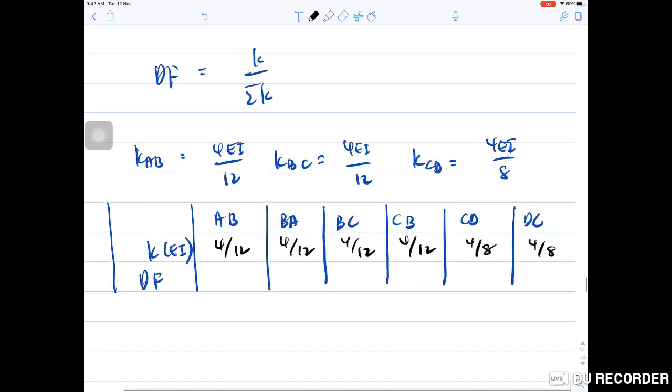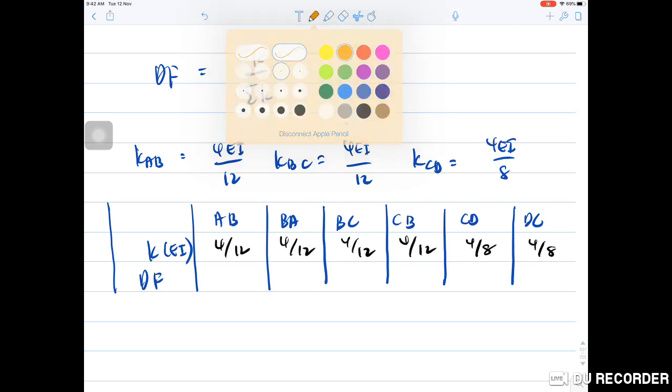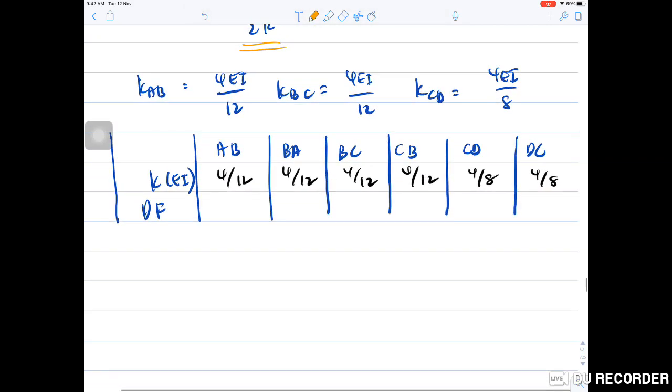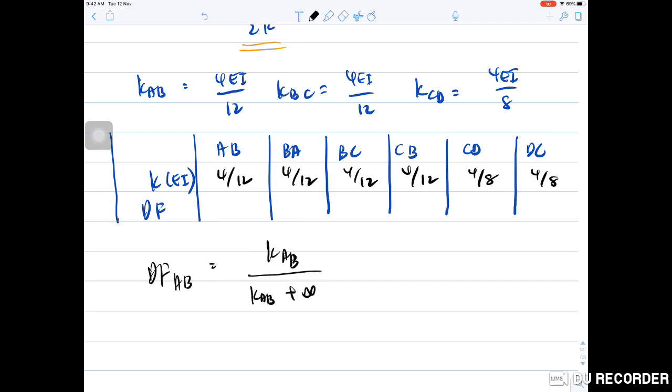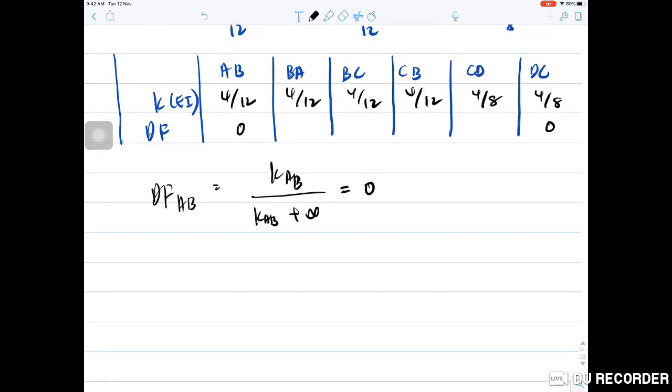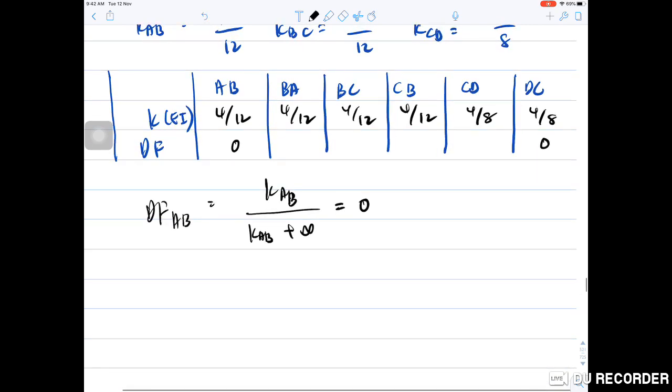So using this formula, let's say we want to determine DF AB. It is equal to K AB divided by total K at joint A. It is KAB plus infinity. So the value is 0. Why is it infinity?